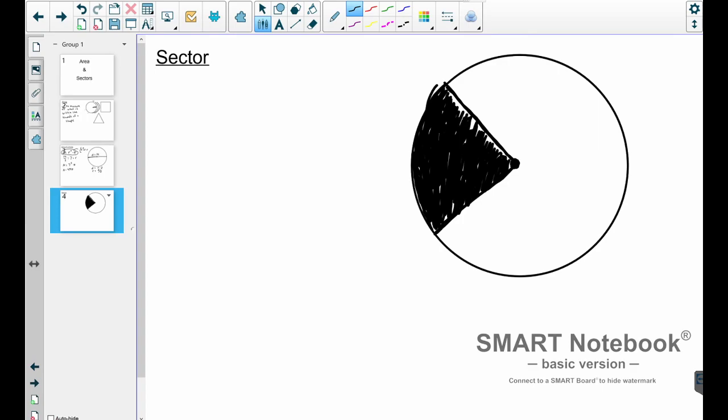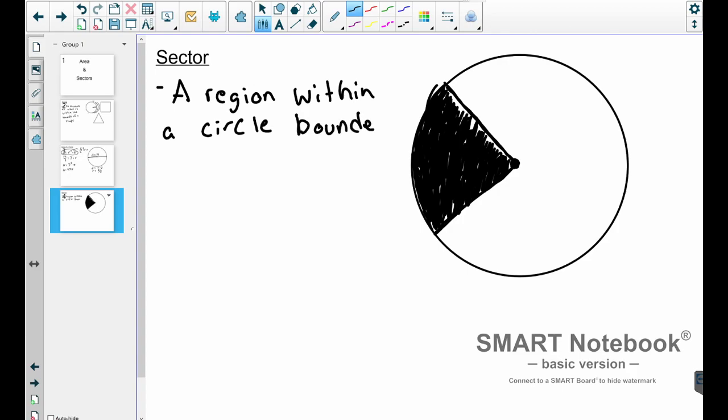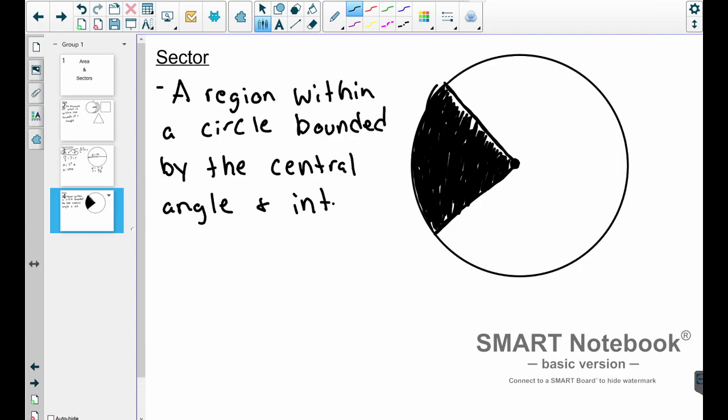So let's give a definition. A sector is a region within a circle bounded by the central angle and intercepted arc.